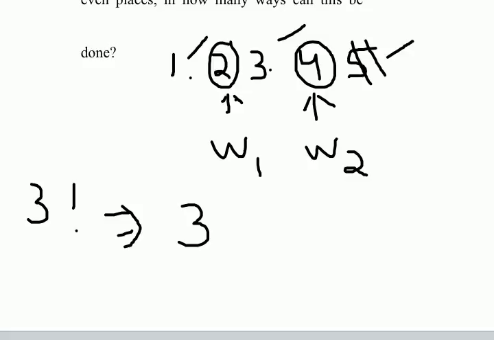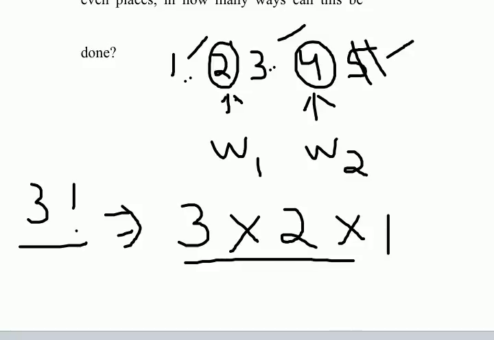So the second man can occupy either seat 1 or seat 3, which means he can do it in 2 ways, and the third man has only 1 seat, which means he can only do it in 1 way. So the total number of ways in which 3 men can occupy 3 seats is factorial 3, which is 3 into 2 into 1, which is equal to 6.